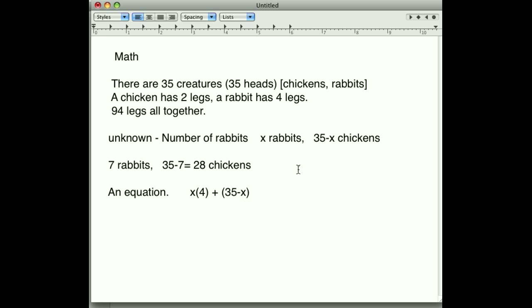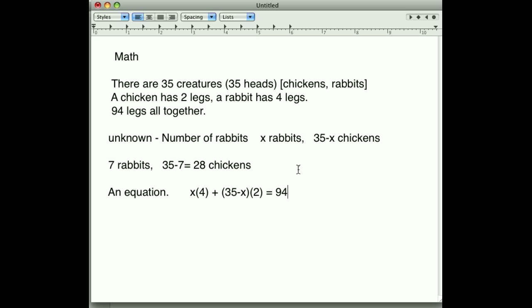I know that the chicken has 2 legs each, right? So this is the total number of legs that we have in the yard, and the problem tells us that the total number of legs is 94.